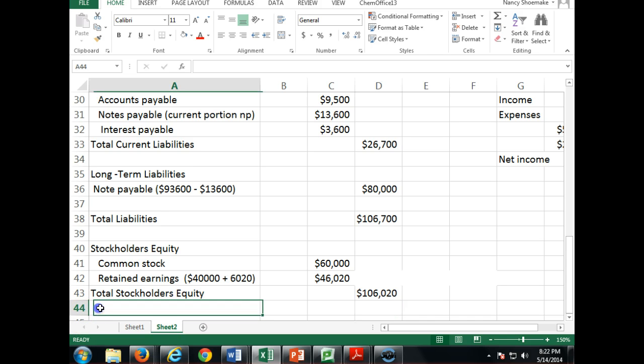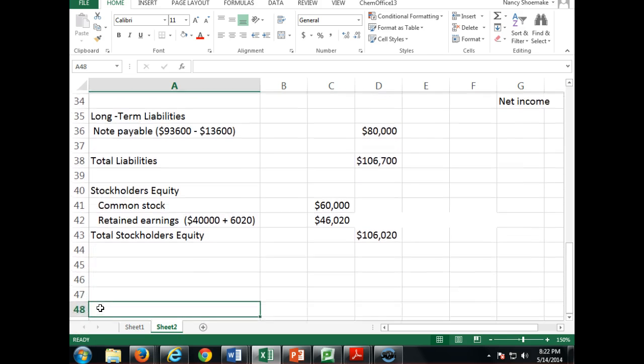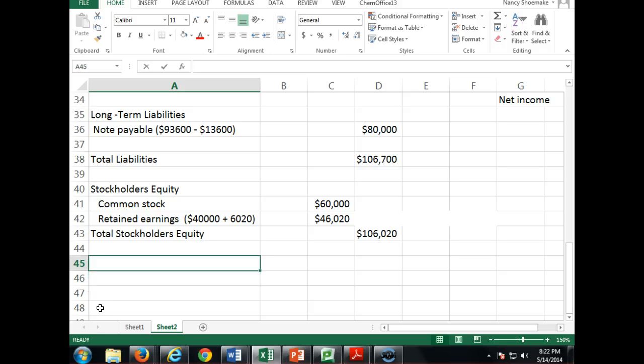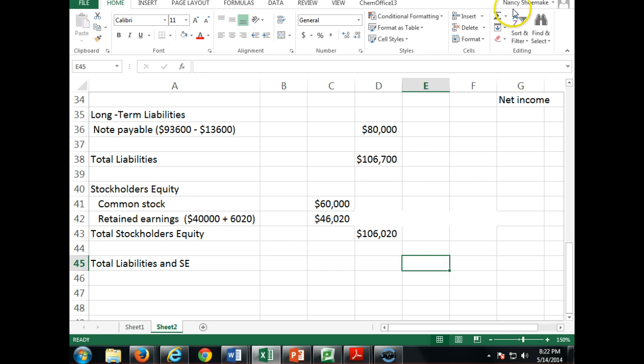Then our total liabilities and stockholders' equity is going to be the 106,020 plus our total liabilities, 212,720, right?